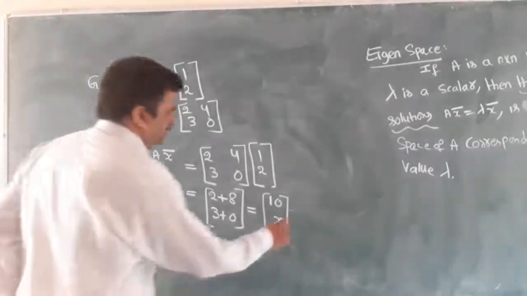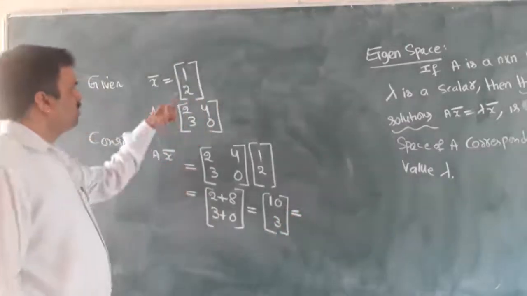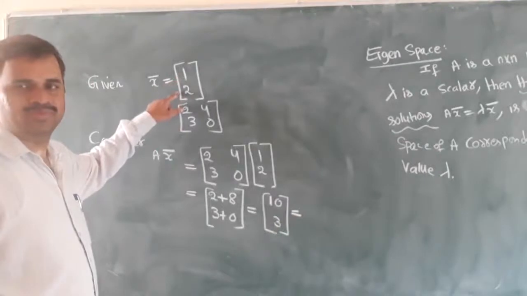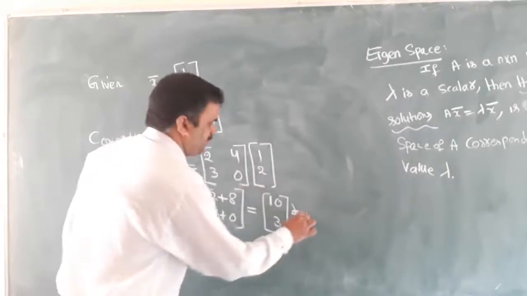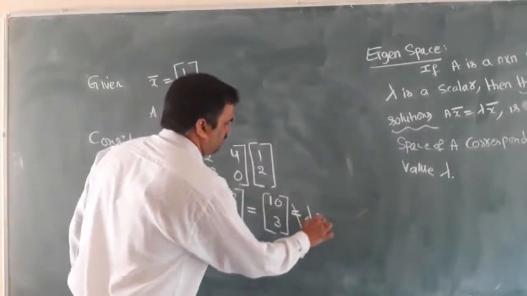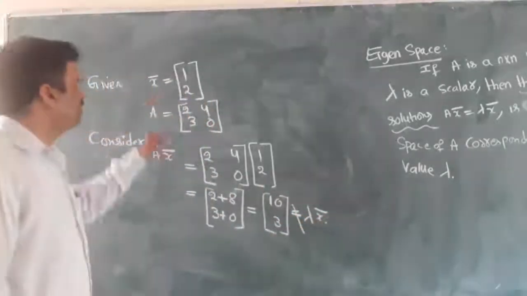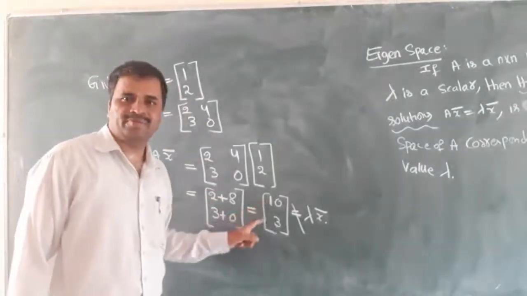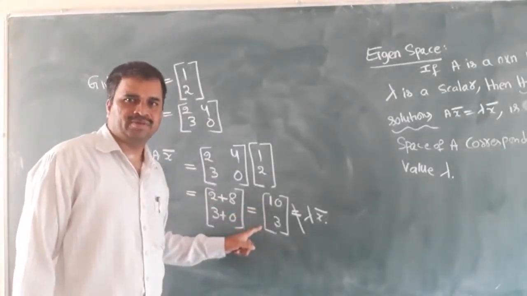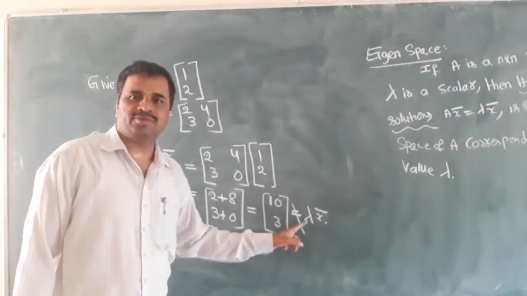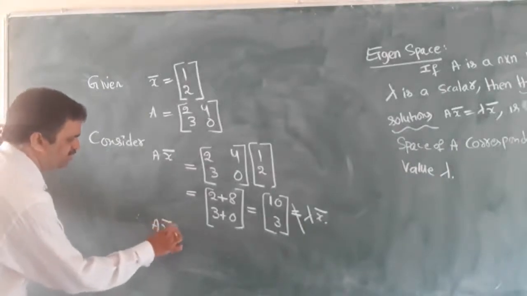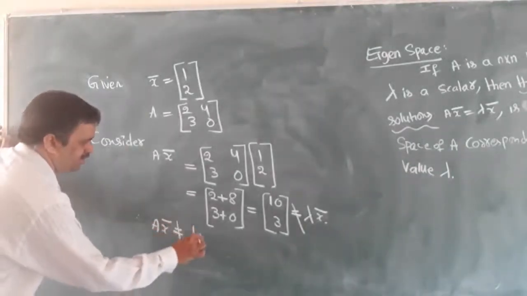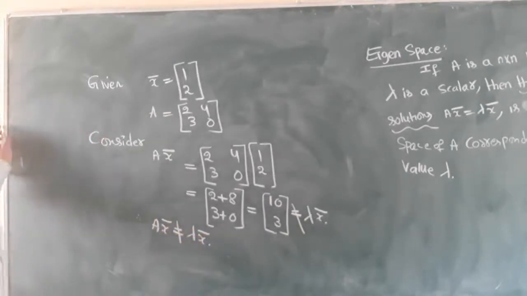We can't write [10; 3] as a scalar multiple of [1; 2]. So we can't write it as lambda x bar. We can't take anything as common. Therefore, A x bar is not equal to lambda x bar.